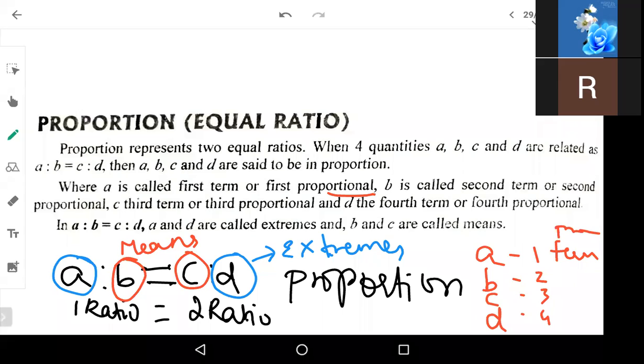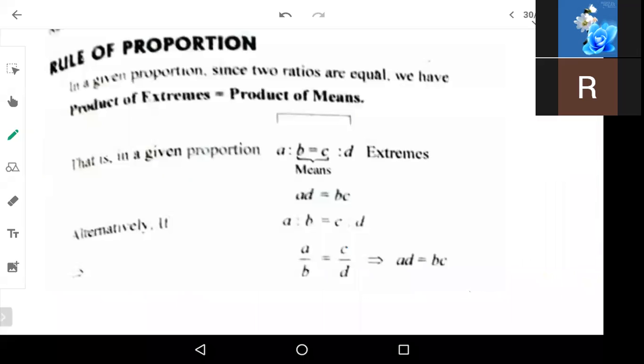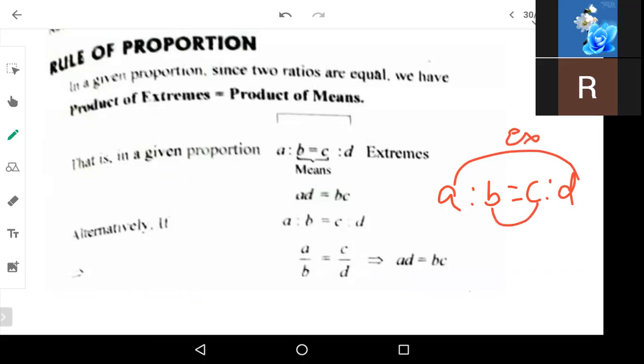Okay. Now let us move on further. Now we understood A is to B is equal to C is to D. These two are called as extremes and these two are called as means. Now, the rule of proportion is product of extremes is equal to product of means.